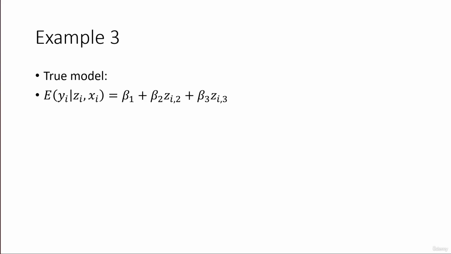The z variables are the true variables that we do not observe, and the x variables are the measurements of the z variables. If in the true model the conditional expectation of y depends on the z variables, the true values, and I observe the x variables and use them in the regression, then the x variables will be endogenous.